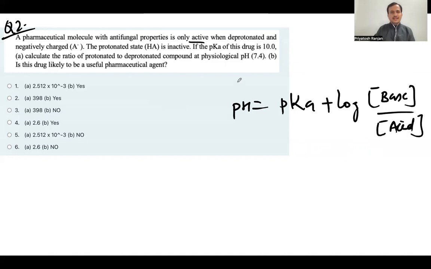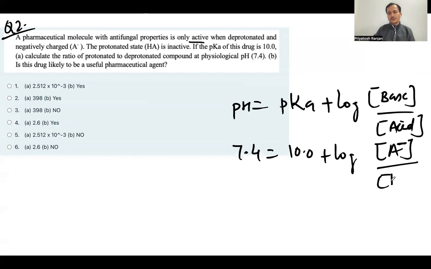Now, to solve part A, the pH is given, which is 7.4. The pK is given for this drug, 10, plus log base by acid. Now, what is the base going to be here? With all this information, the base is in the form of A minus, which is the deprotonated form, and the acid is in the form of HA.